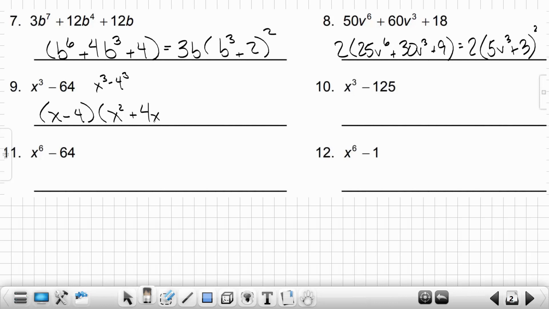Plus B squared. What would be B squared? 16. And we're done. A little brutal.